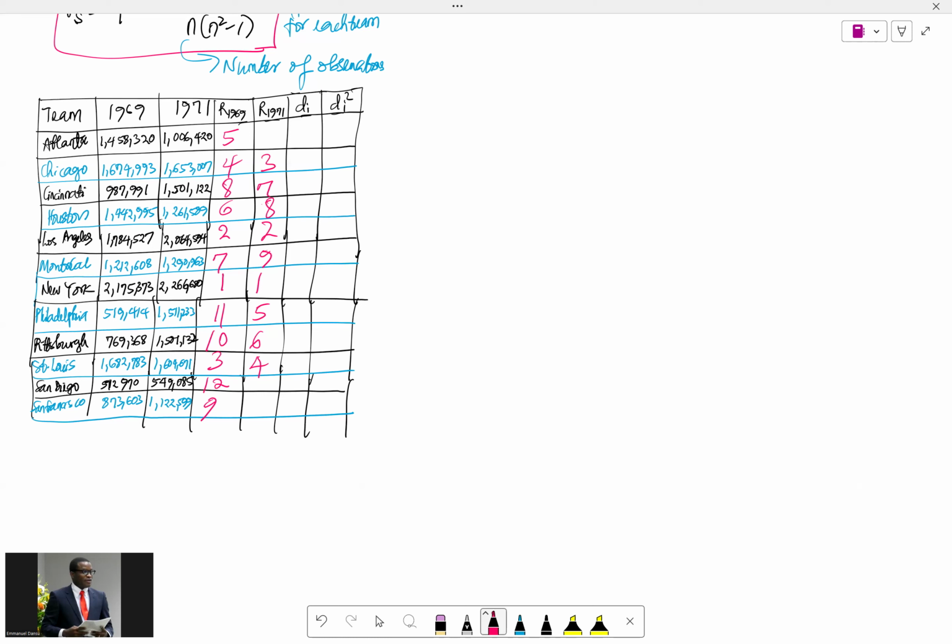Number 11, of course, an easy choice now, is San Francisco, while San Diego is number 12. Okay. So let's check that again. 1969, New York number one, Los Angeles number two.